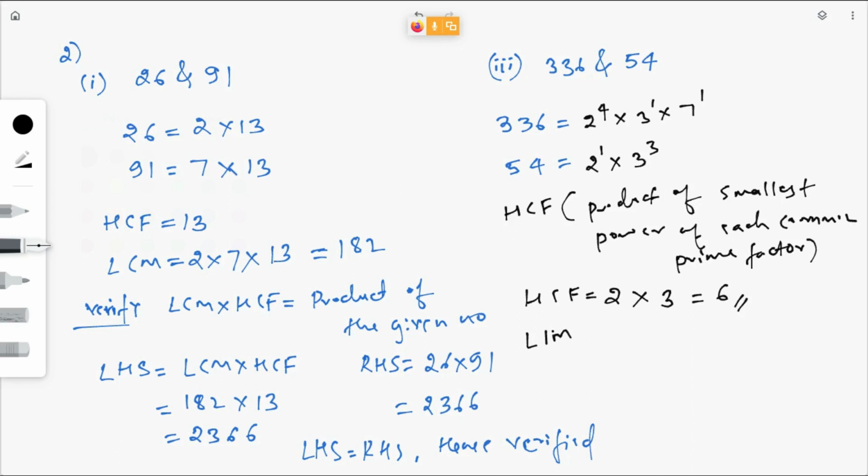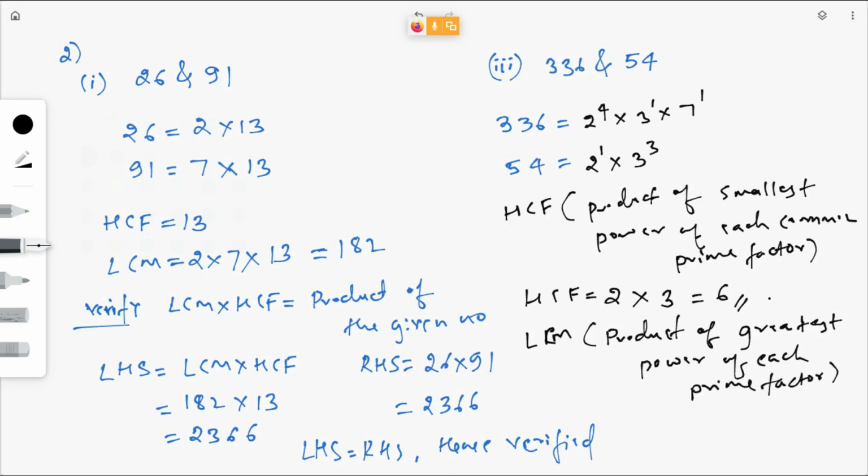Next, LCM. How do we find LCM? Just remember these two sentences. To find LCM: product of the greatest power of each prime factor. Go through the sentences again.